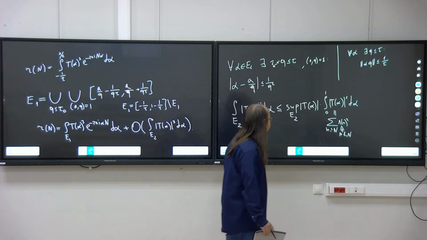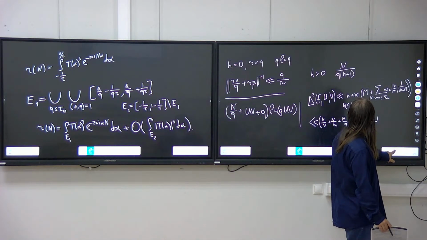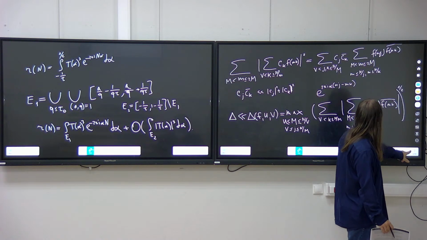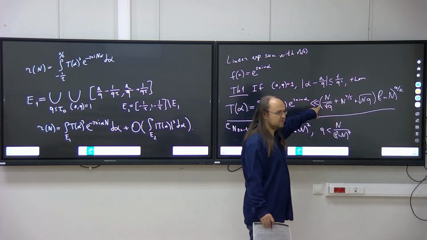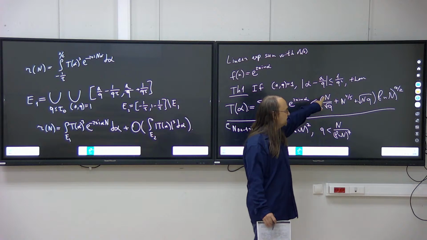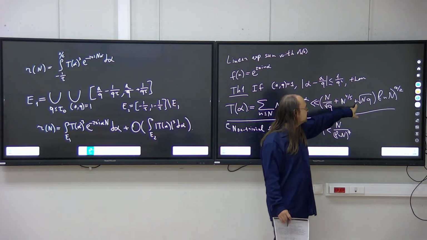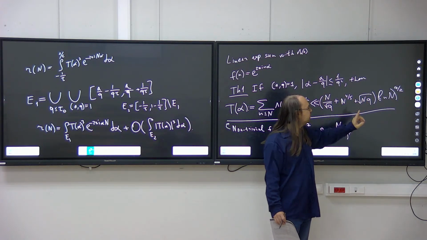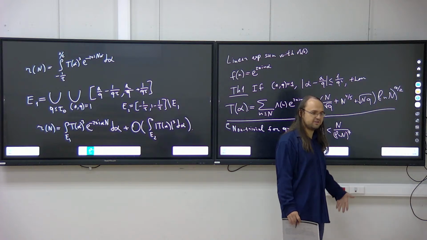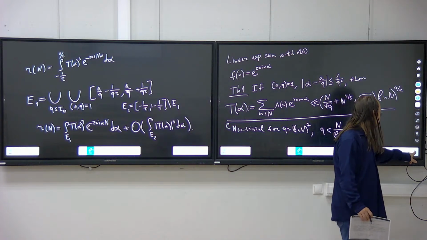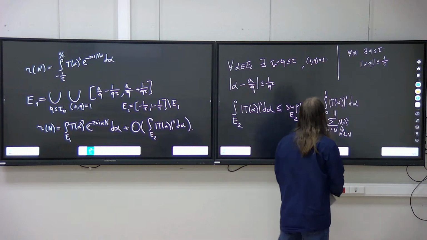Okay, so let me show you the bound. Wait, let's look at the bound. You see, let's look at this bound. You get N over square root, and you get square root of N q, and you also get logarithm N to the power 7 halves. Let me show you what we get from this bound.